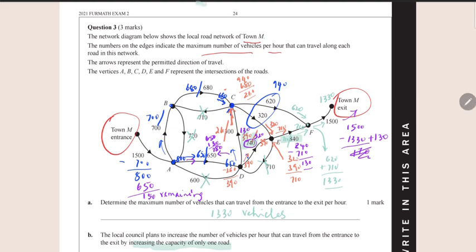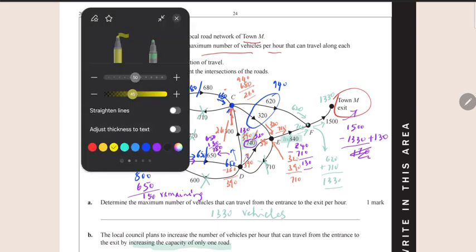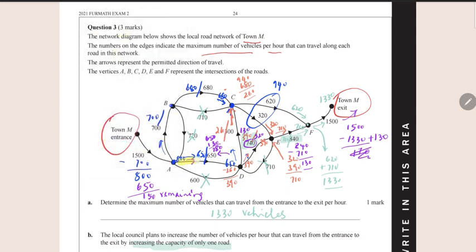So the edge that should have been initially increased is A to D. If its capacity had been 780 instead, with an increase of 130, that would have allowed another 130 to pass through here, another 130 to pass through this one to reach maximum capacity, and that would have increased the number of vehicles reaching town M by another 130.